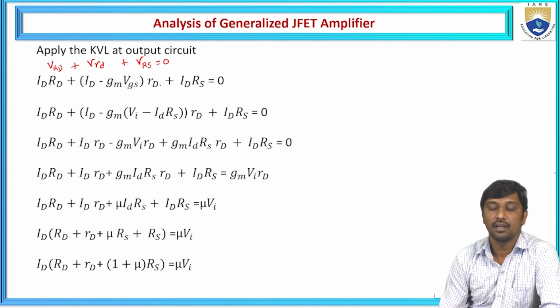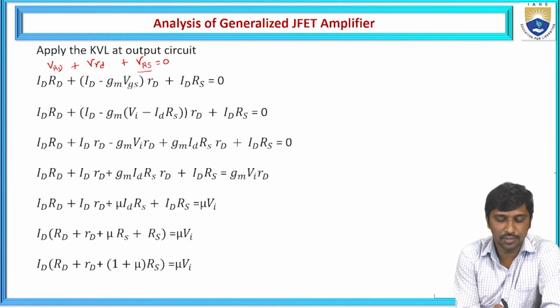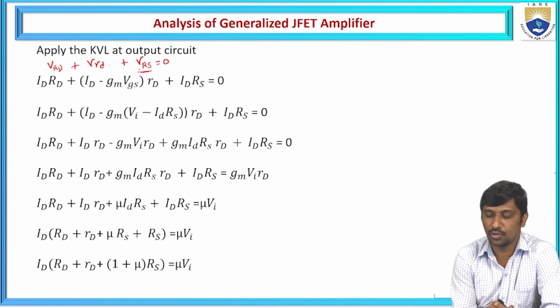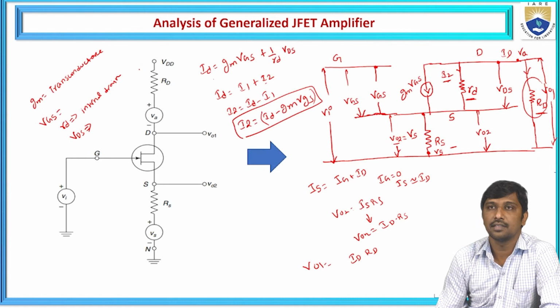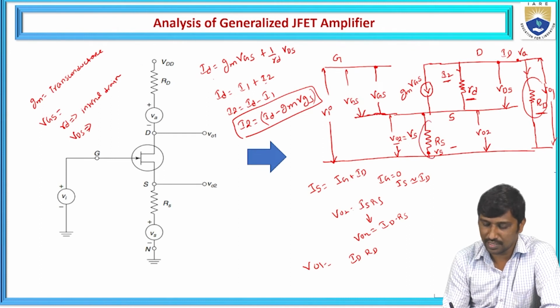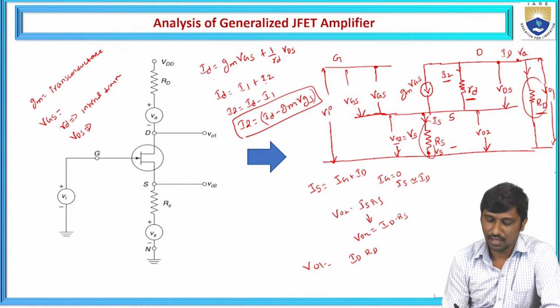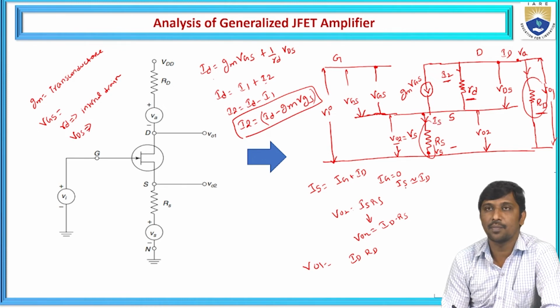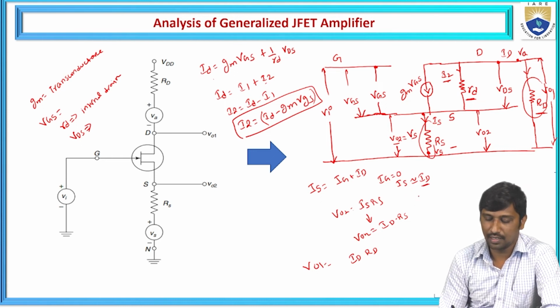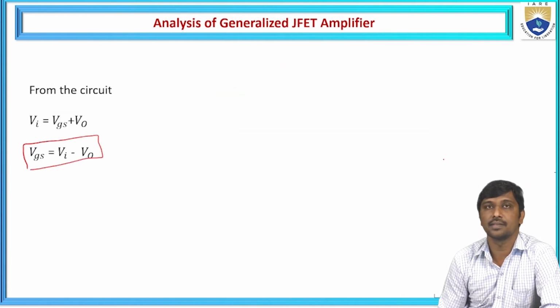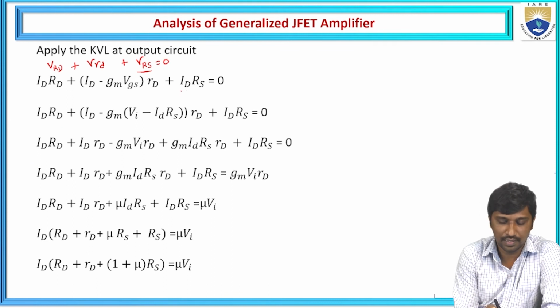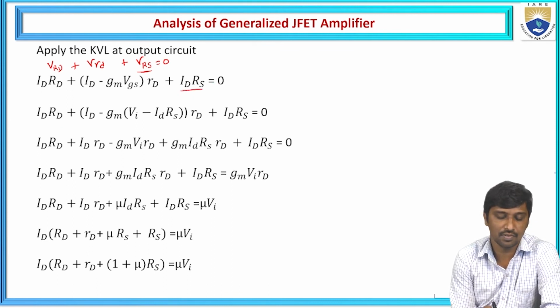Along with that, we now need to calculate the voltage drop across the source resistance. We need to identify which current flows, that is IS, and we know that IS is approximately equal to ID. Hence I write ID times RS, and that is the reason it is represented as ID times RS.